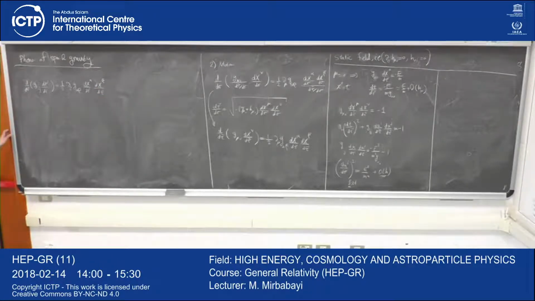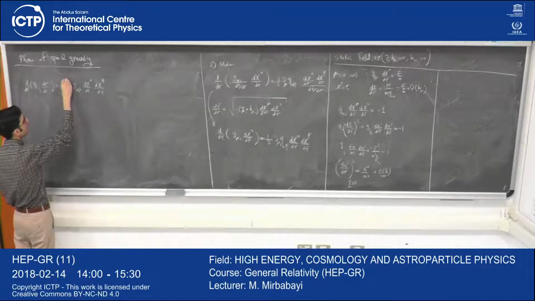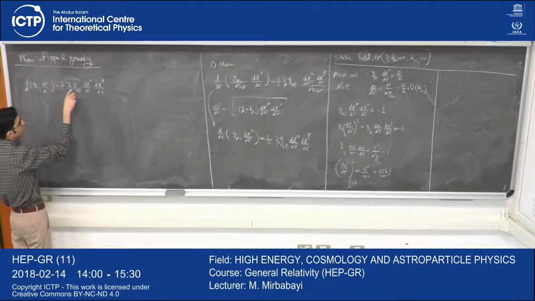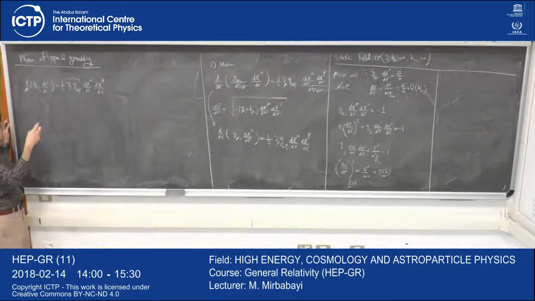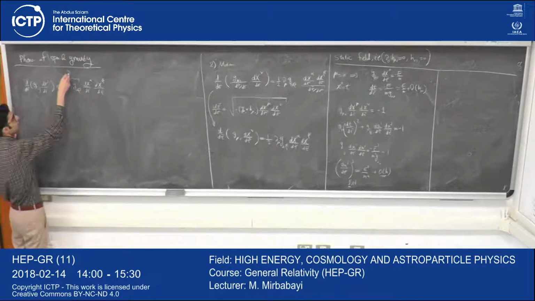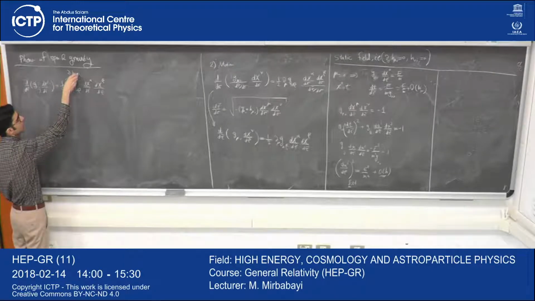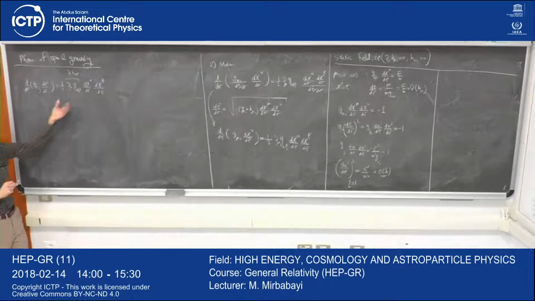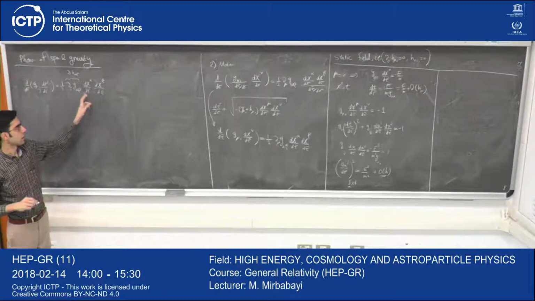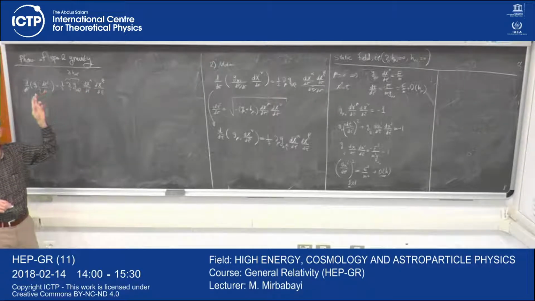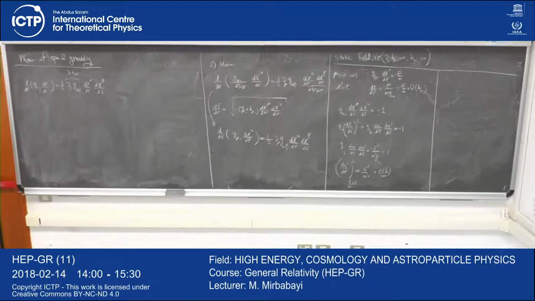So let's consider a weak field approximation. Then the derivative of h alpha beta is 0. So this is really just the i derivative of h alpha beta. So this is already linear in h. So in what multiplies it I can plug in the zeroth order in h value.